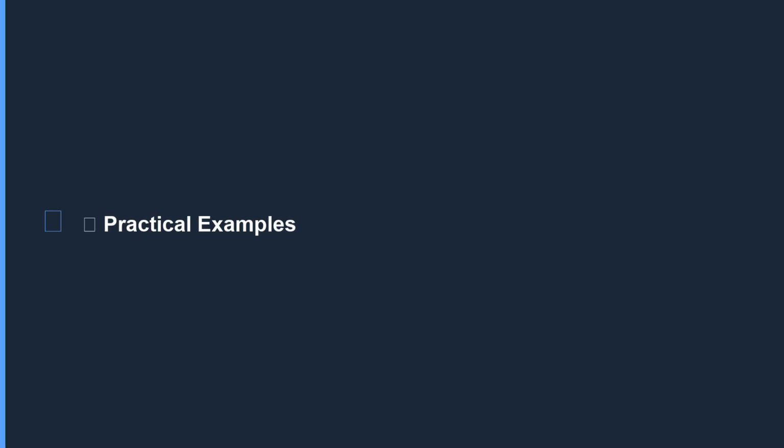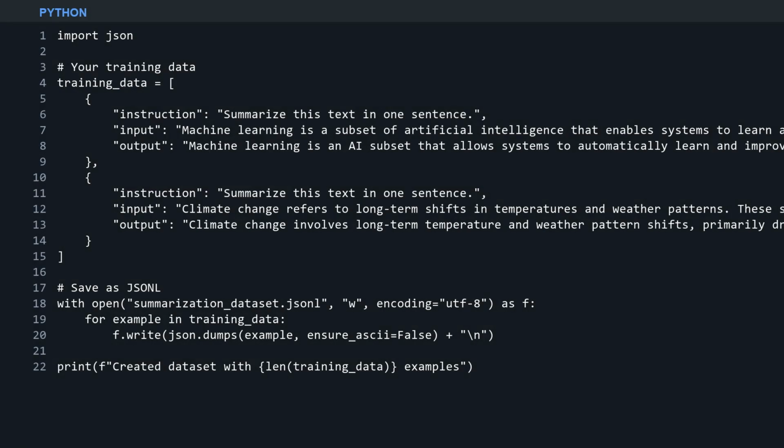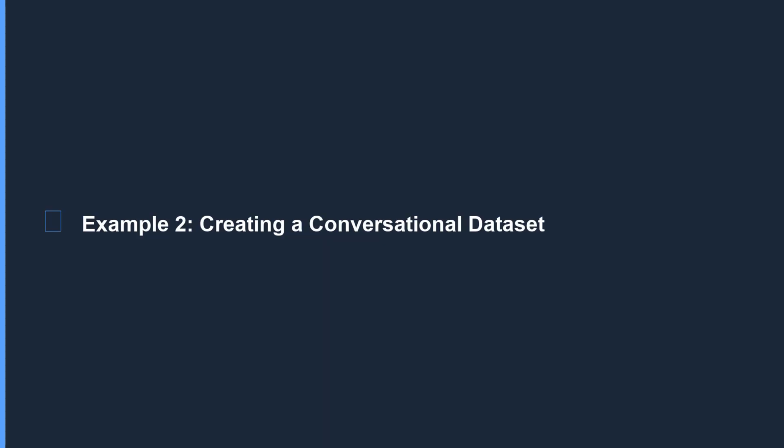Let's now look at practical examples. Let's now look at example 1, creating an instruction dataset. Your training data, save as JSONL. Let's now look at example 2, creating a conversational dataset.